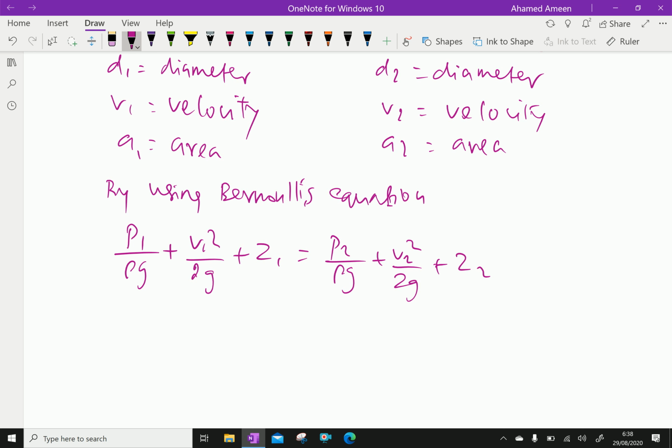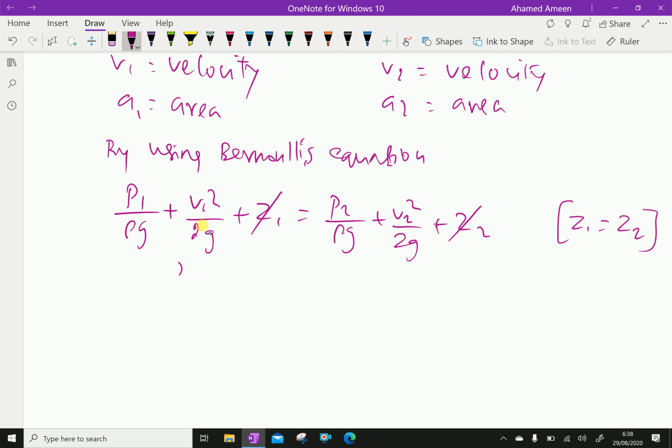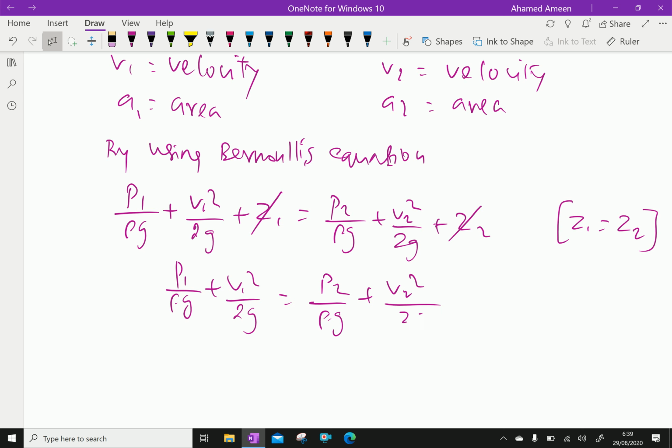Here the pipe is level, so Z1 equals Z2. The level of inlet and throat is the same, so we can cancel both. Then we can write P1 by rho g plus V1 squared by 2g equals P2 by rho g plus V2 squared by 2g.